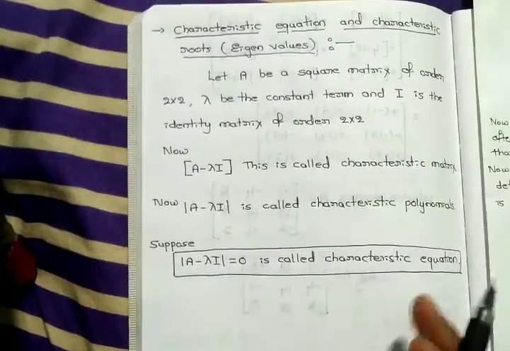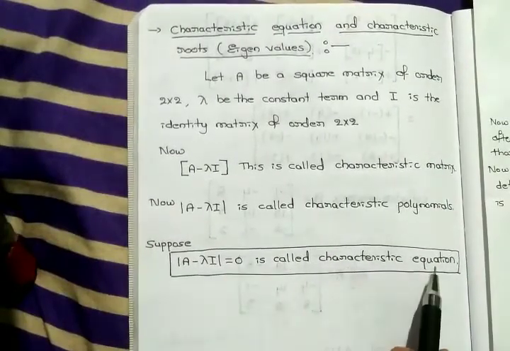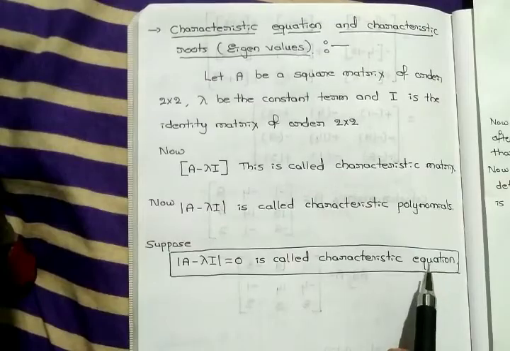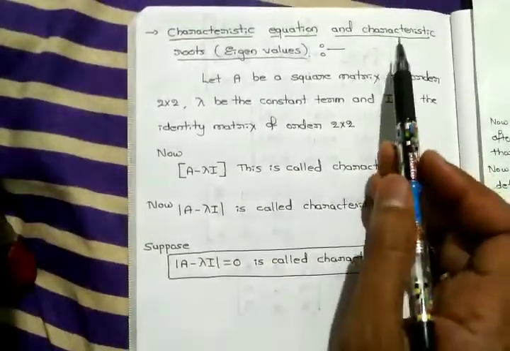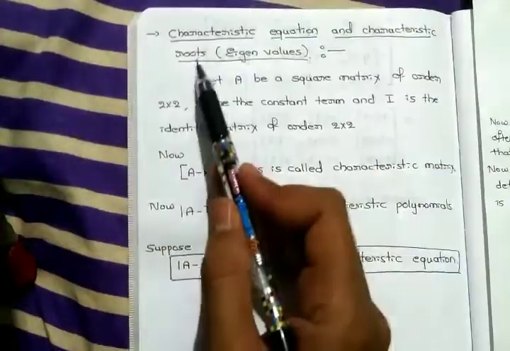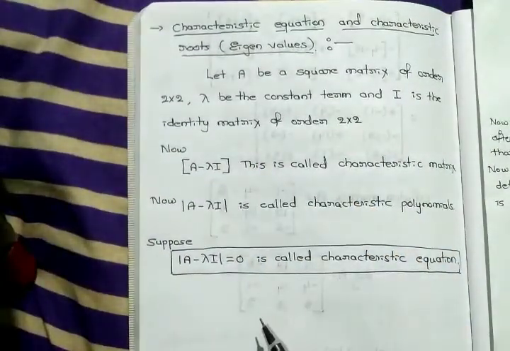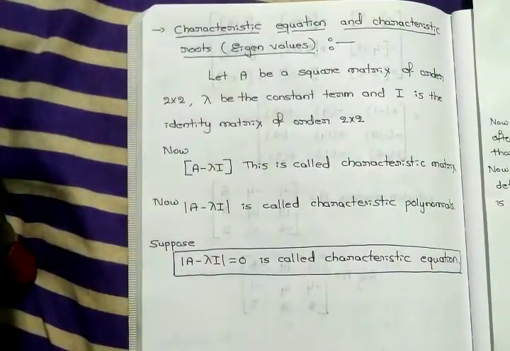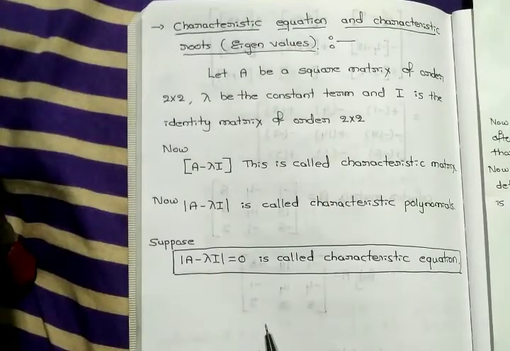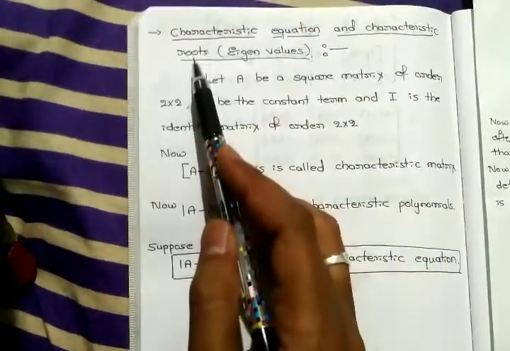After getting this characteristic equation, to get the characteristic roots or eigenvalues, we are going to apply the factorization method to find the roots.